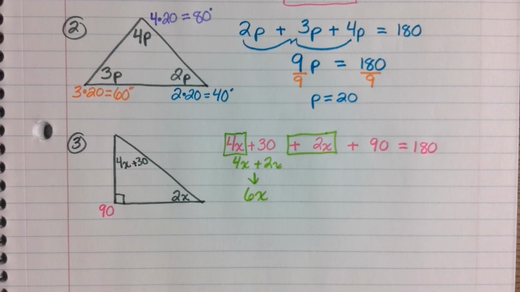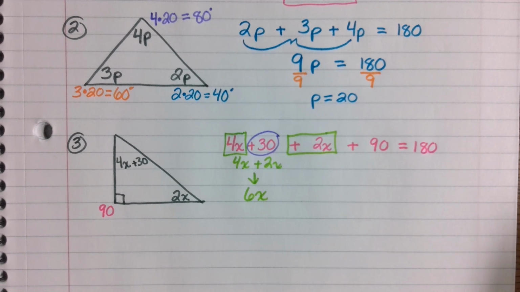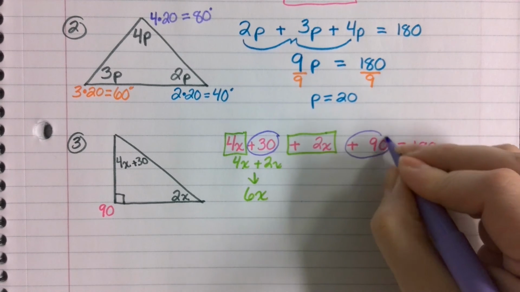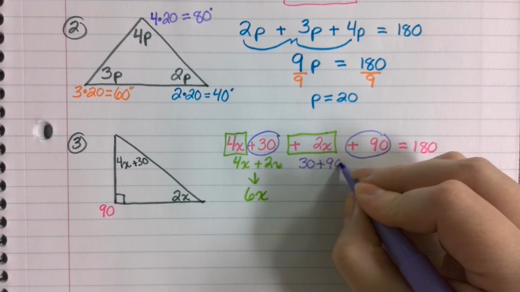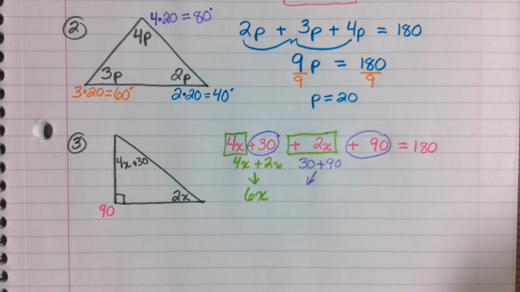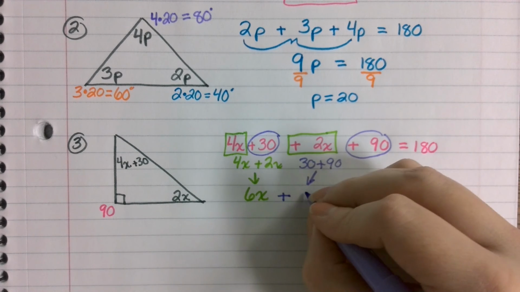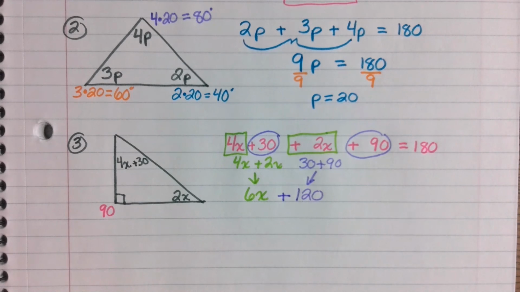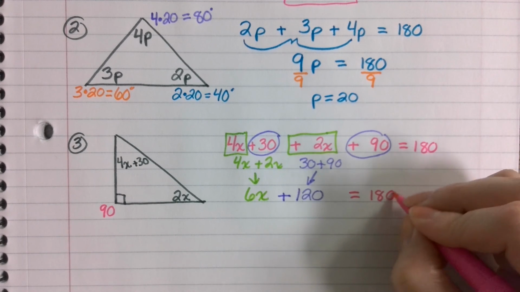Then I also have a positive 30 and a positive 90. So I can do 30 plus 90. What is that going to equal? 120. Positive, don't forget to put the plus sign, 120. Okay, and this is all still set equal to 180 degrees.